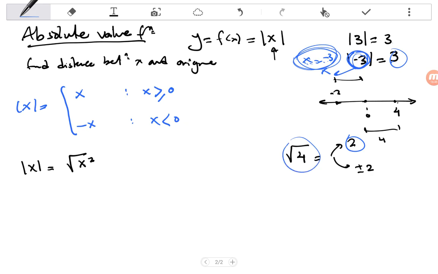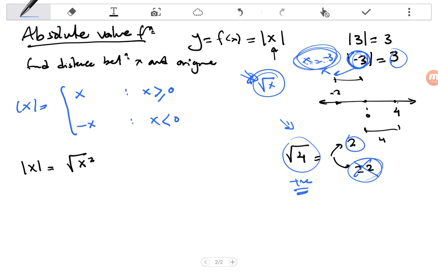The square root gives me only one value, which is the positive value. It doesn't give me two values. We learned before that a function should have only one output for a given input. That is a known condition for any function. And the square root is a function, so it has only one output.